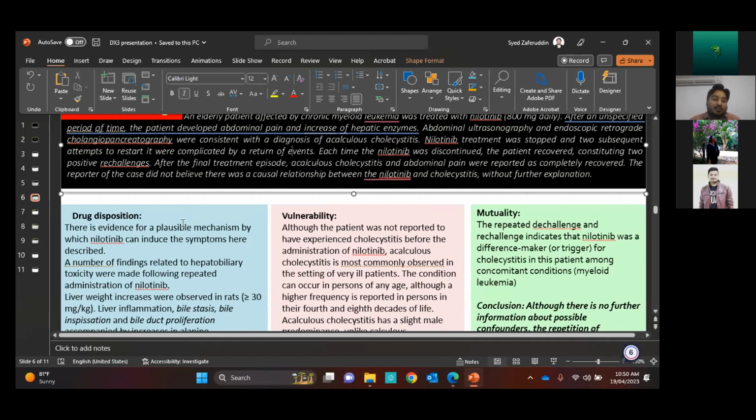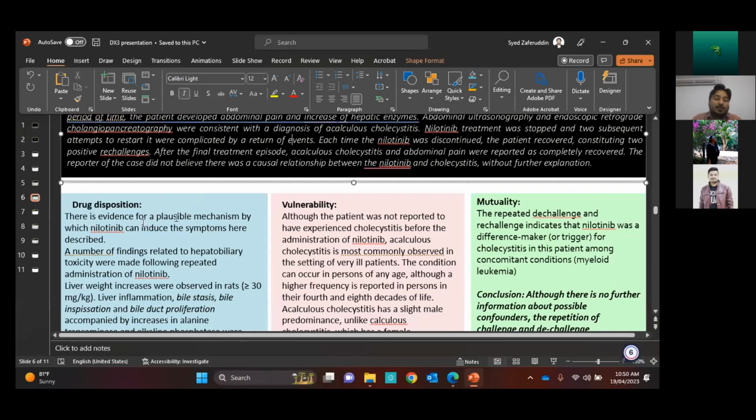We have mechanistic knowledge for the given adverse drug reaction and the drug. After reading the literature about the drug, we conclude that there is evidence for a plausible mechanism by which nilotinib can induce the symptoms described here.